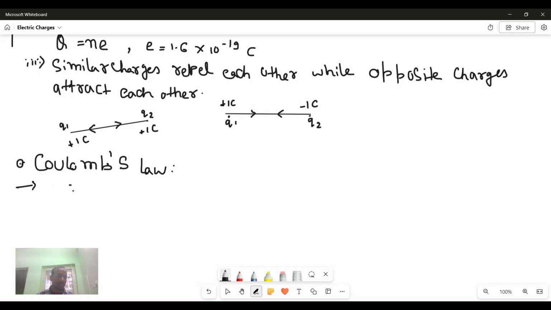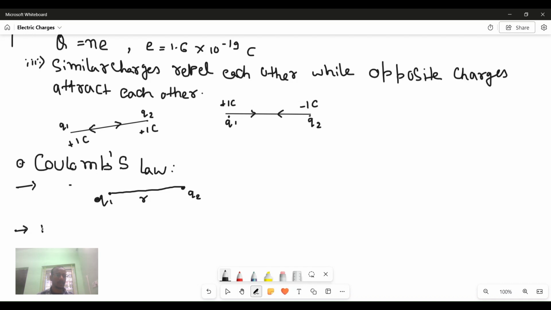Means if we have two charges Q1 and Q2 and the size of the charges is too small compared to the distance between them, then we can treat them as point charges, and in this case we apply Coulomb's law.